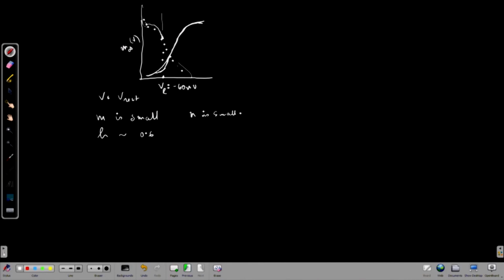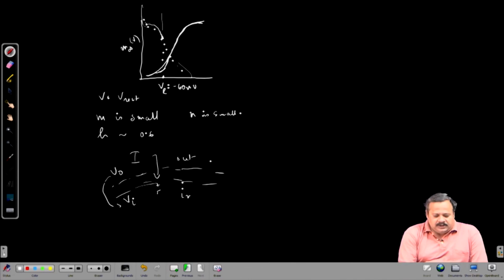Let us say this is outside and this is inside, which means positive ions have gone in. If this is our V in and V out, so this is the membrane, since positive ions have gone in, this V in minus V out increases. So, delta V is increasing, which is this axis here, in this curve.